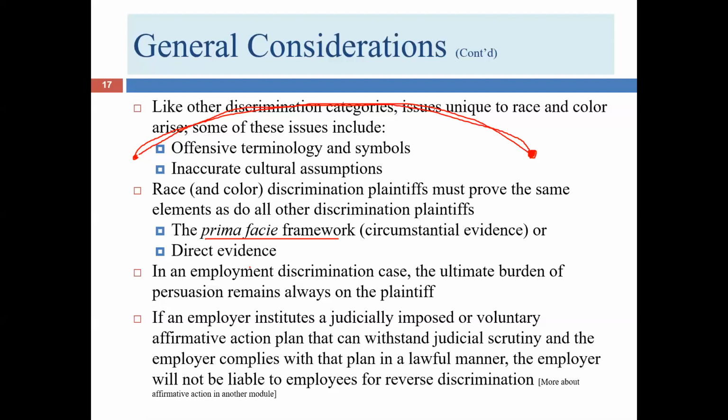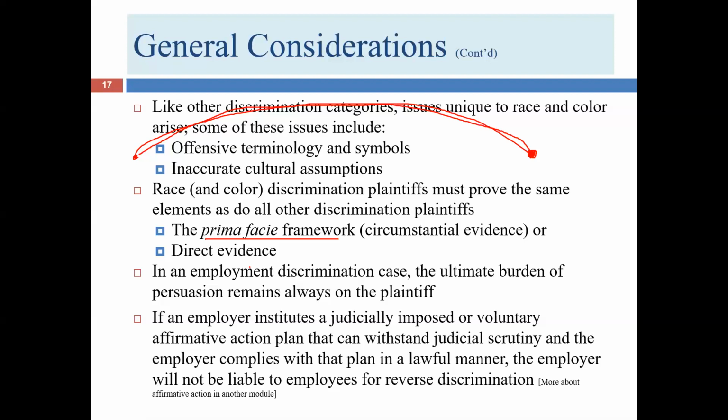In Module 5, we talked about affirmative action programs. It's an extra credit unit, so you don't have to complete it. But if you have, you're familiar with the fact that companies that have affirmative action plans can take more aggressive actions at balancing their workforce to reflect the diversity of their community.